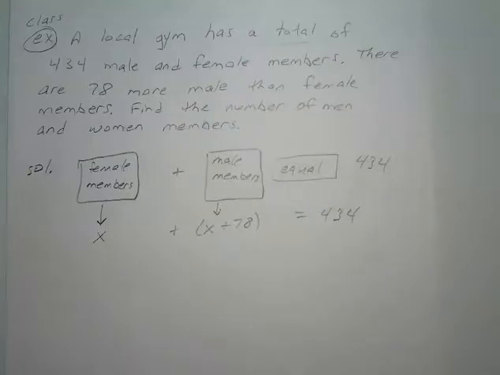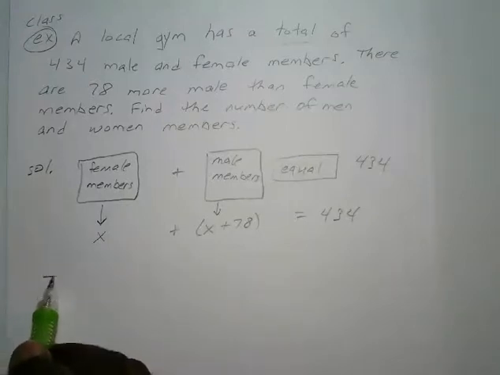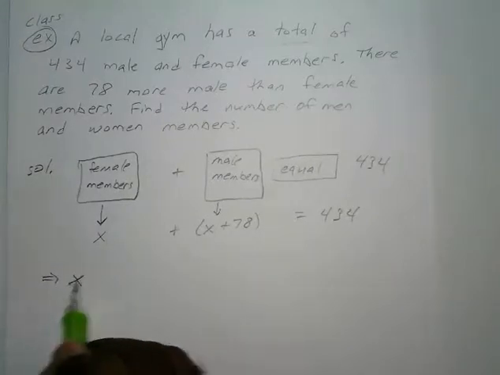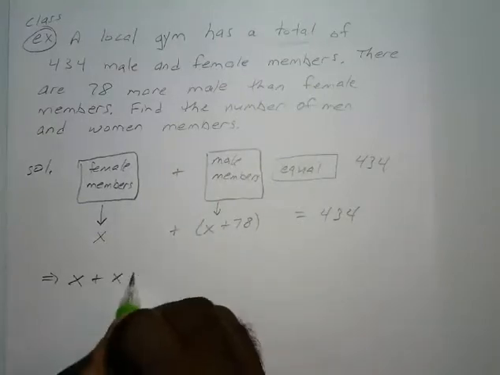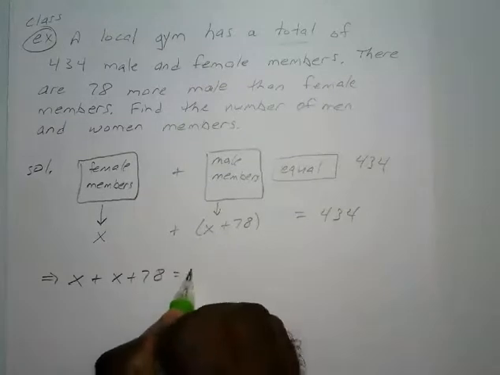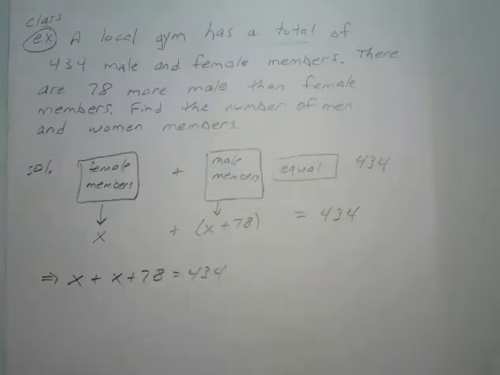Like I said, this is just an approach you can use. If you have a different approach or another way you wanted to word it, you can most definitely do that. So that gives us x plus 78. Since it's plus, we can kind of drop the parentheses. Equals 434. And now we just go ahead and solve it.